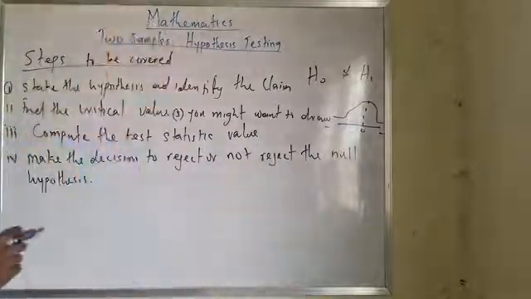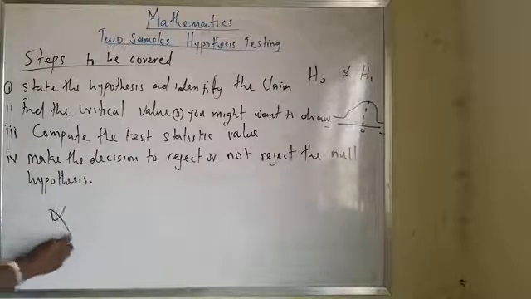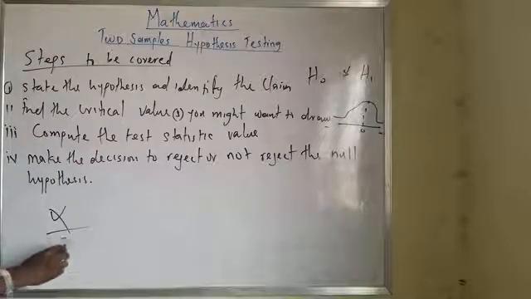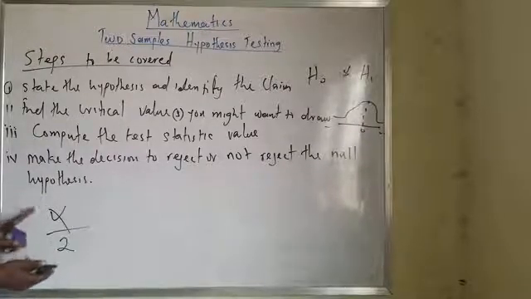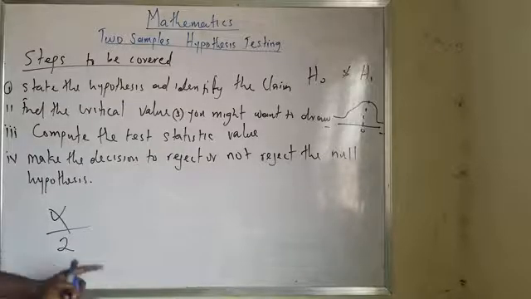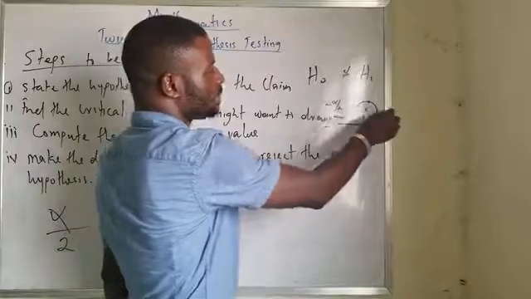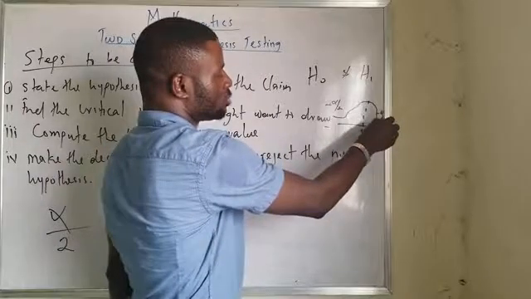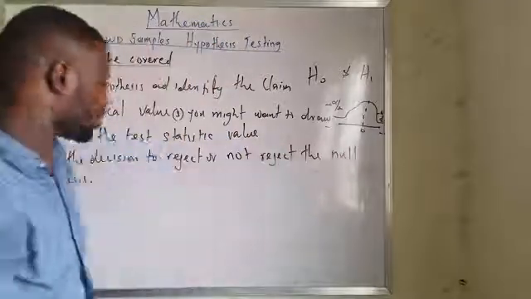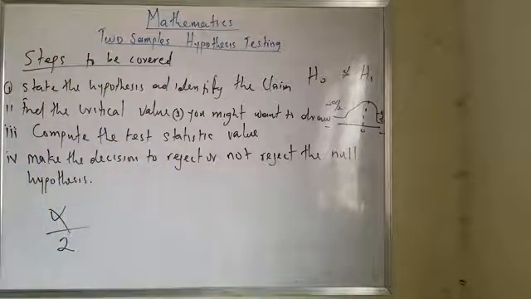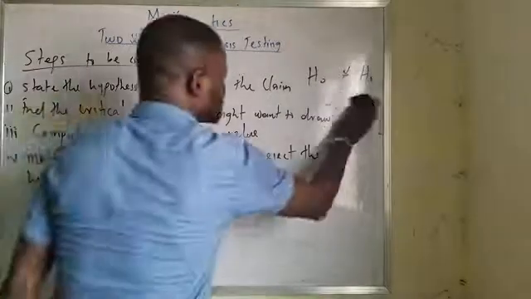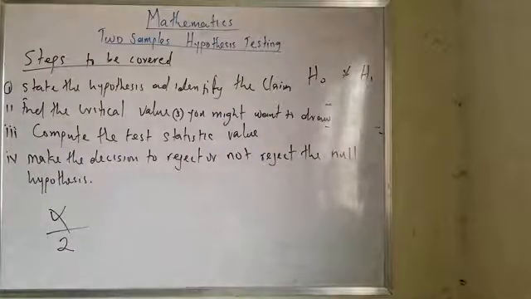As far as two tail is concerned, it will be alpha over 2. It means your significance level will be divided by 2, so minus alpha over 2 and alpha over 2. Let me quickly explain it very well.